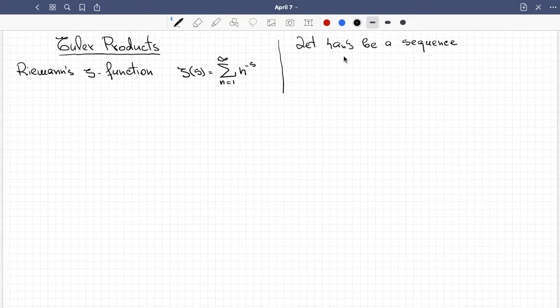For a sequence a_n, we constructed the generating function f of x to be the sum from 0 to infinity of a_n x to the n.